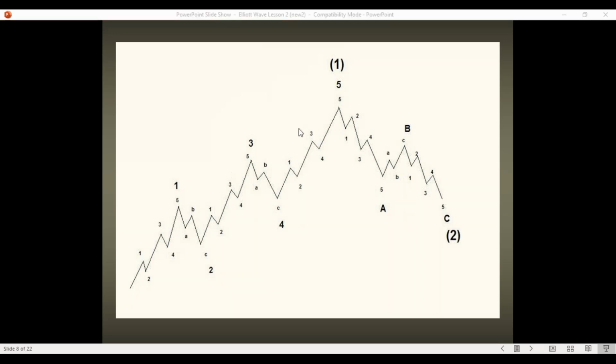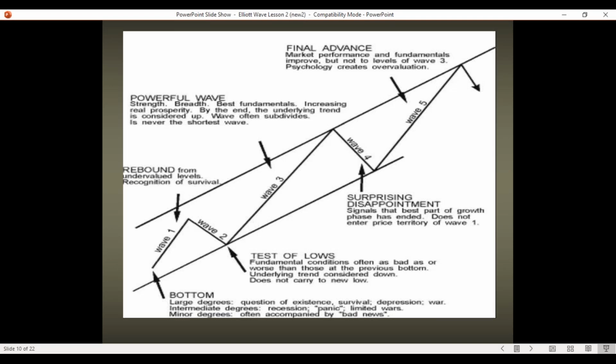Now, let's go to the wave 1 characteristics. Wave 1 is a rebound from undervalued levels, or a recognition of survival. Another way to put it is there can be a kind of a here-we-go-again type of feeling with it. And it's understandable. That stock's been dropping.